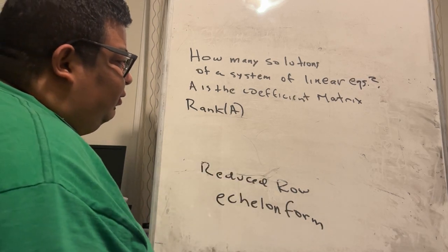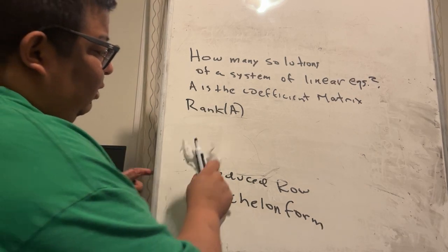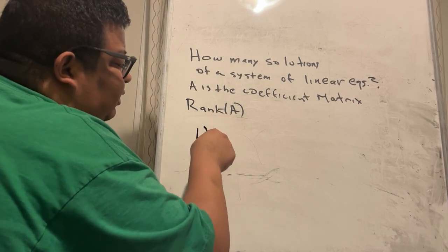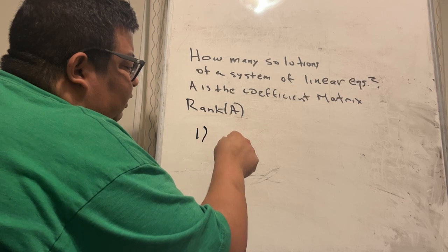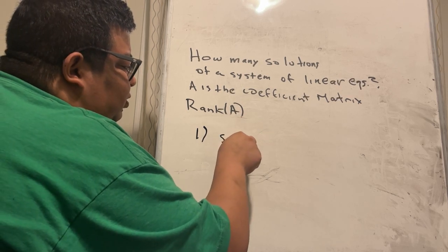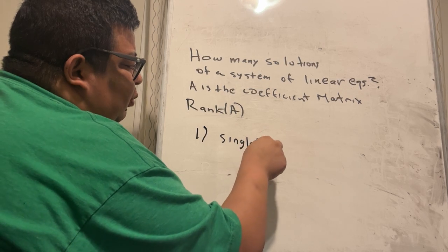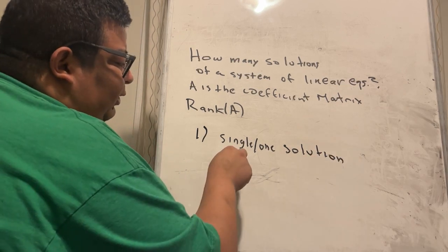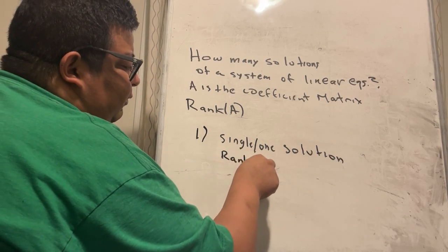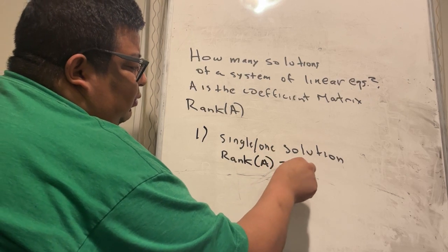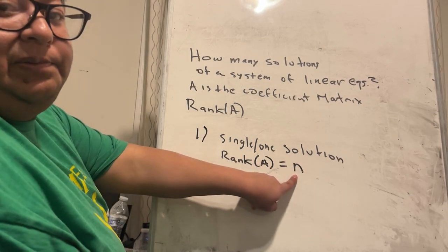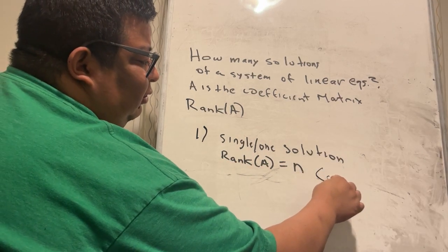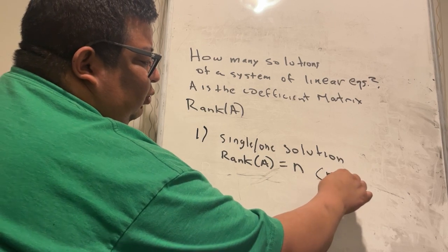So once it is in that form, we can say three things. The first thing is that we have a single solution, or just one solution, when the rank of A is equal to n, which, remember, what did I say? n represents the number of rows.